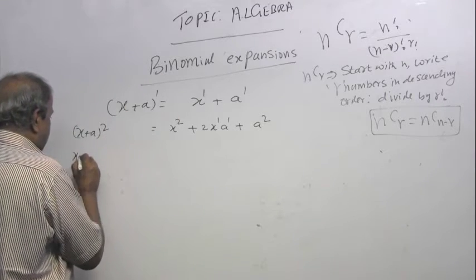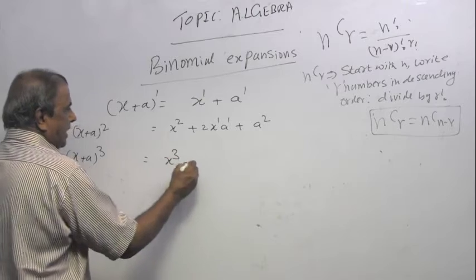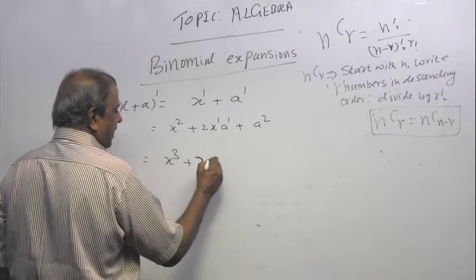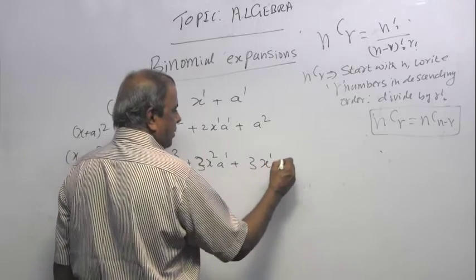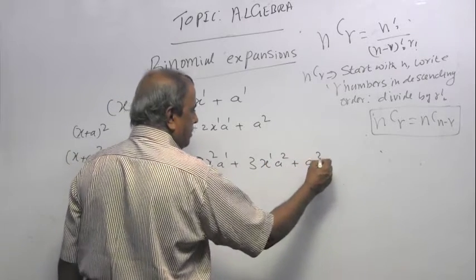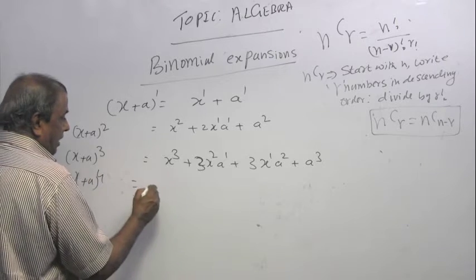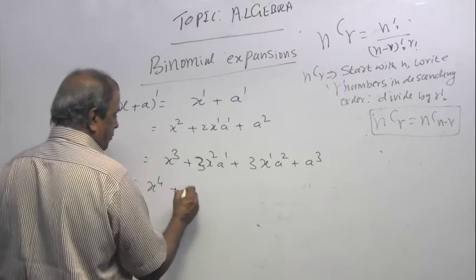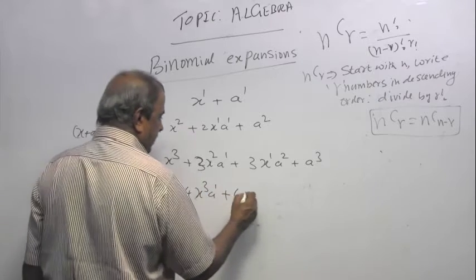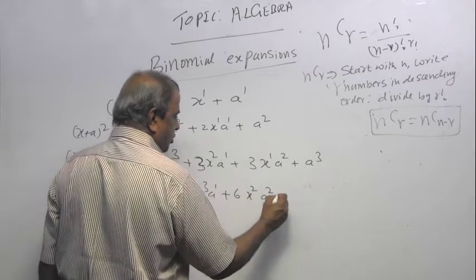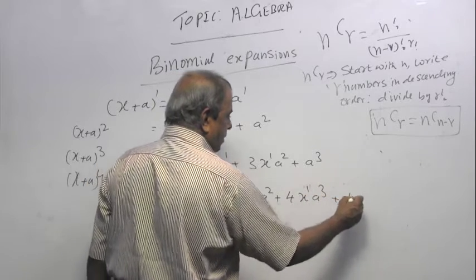I have done everything mentally. (x plus a) power 3 is x power 3 plus 3 x power 2 a power 1 plus 3 x power 1 a power 2 plus a power 3. What is (x plus a) power 4? It is x power 4 plus 4 x power 3 a power 1 plus 6 x power 2 a power 2 plus 4 x power 1 a power 3 plus a power 4.